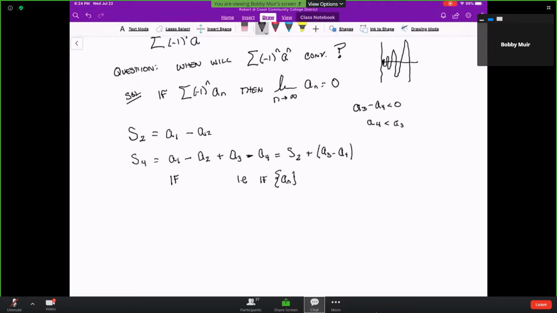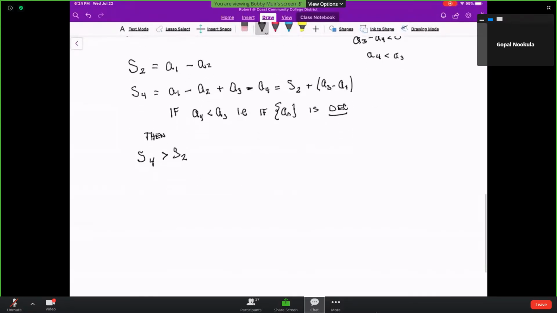If A4 is less than A3, i.e., if AN is decreasing, then what he recognized is that S4 is bigger than S2.